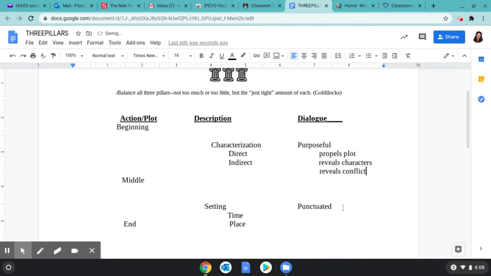And of course, your dialogue has to be punctuated with your commas and your quotation marks in the correct place. Let's add that. By now, you should know to indent your dialogue every time the speaker changes. Oh, I'm making this messed up. So I'll just leave that for now, and I'll add it when I'm off the video.